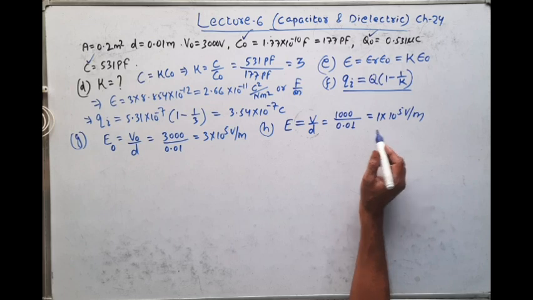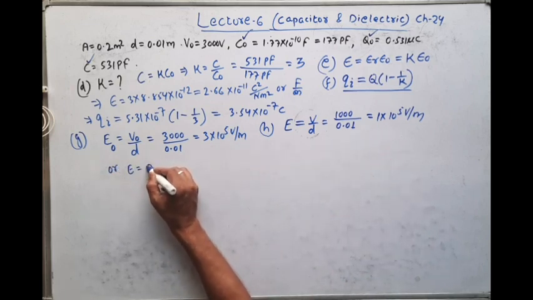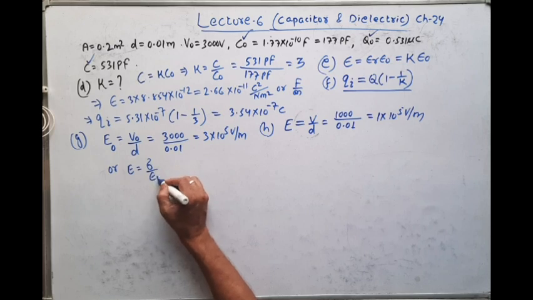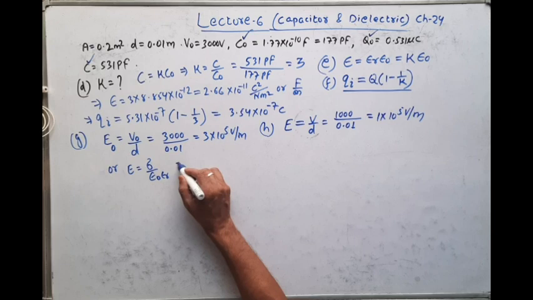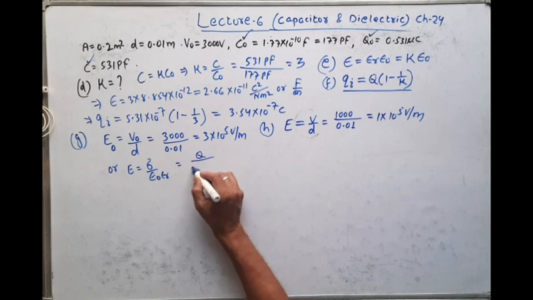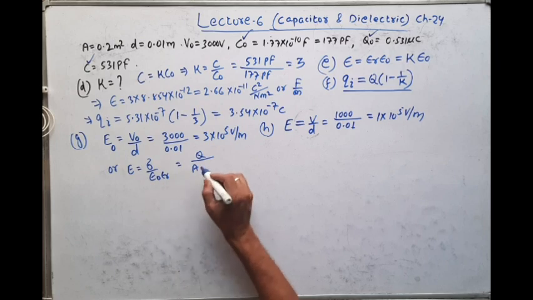Or you can calculate E is equal to sigma by epsilon naught epsilon r, where sigma is q by A, and epsilon naught epsilon r is K into epsilon naught.